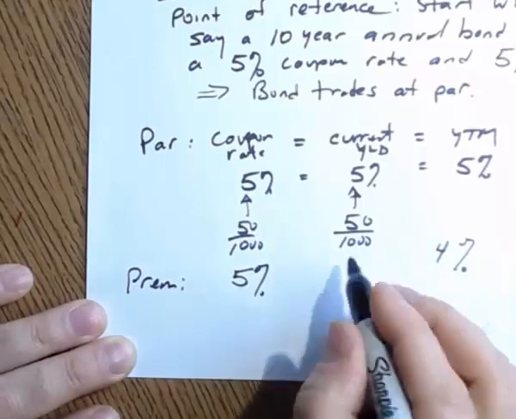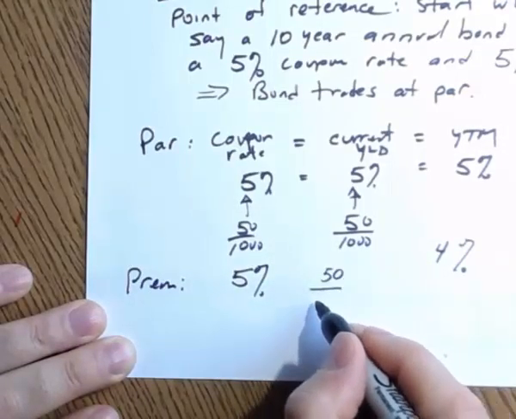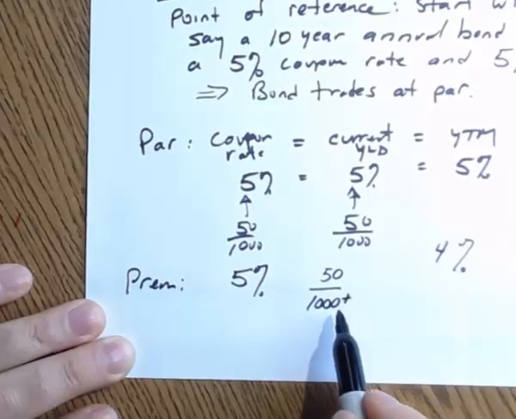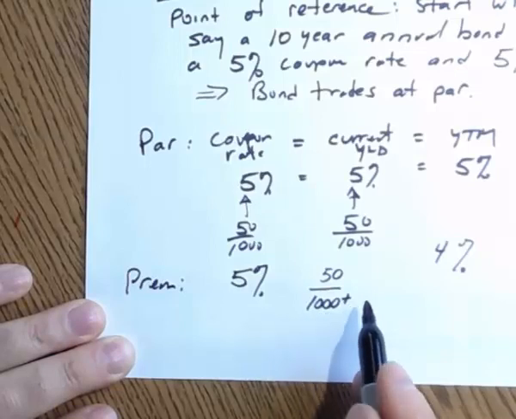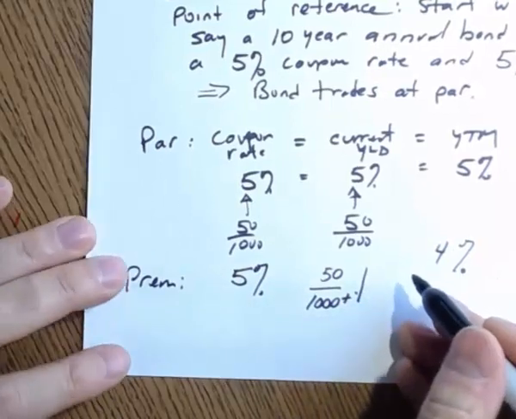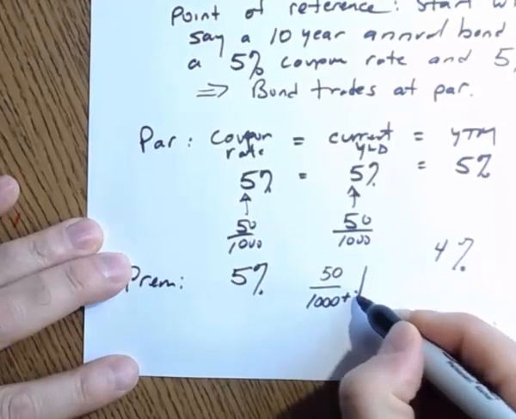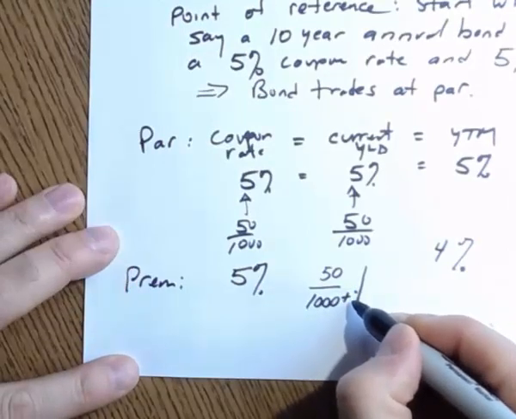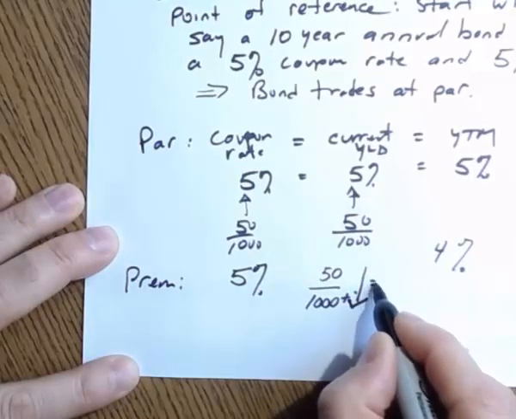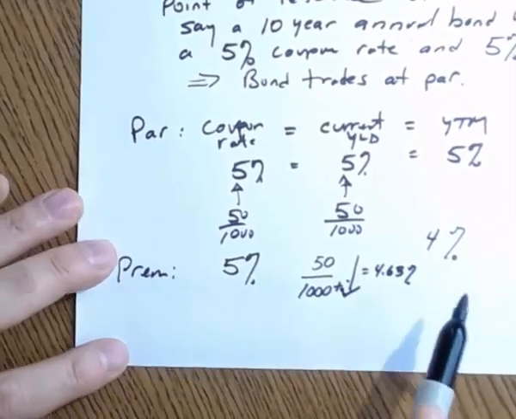Which means you're going to take that $50 annual coupon payment, which is fixed, and divide it by something higher than $1,000. I'll just denote that as $1,000 plus. What that means is, since the denominator goes up, this whole fraction comes down, and it goes from 5% to, in this case, 4.63%.